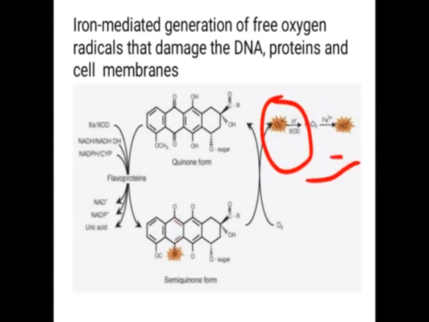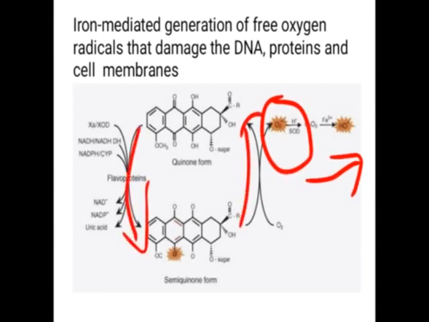Then at the end, it is converted into hydroxy radical. And this hydroxy radical is responsible for the damage to the DNA. Okay, so the radical damage of the DNA or breaking of DNA strand takes place due to these hydroxy radicals. So when they enter into the electron transport chain, this reaction occurs.